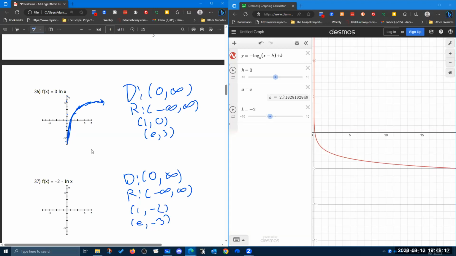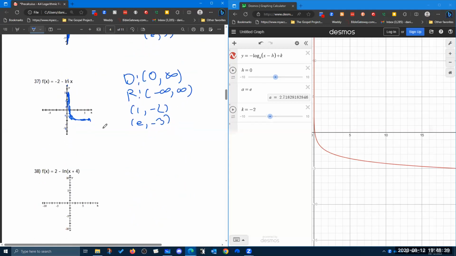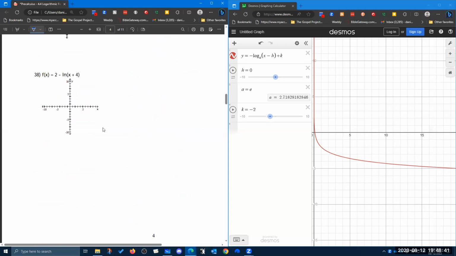And 1, -2, e, -3, vertical asymptote here, and it's going to come up here like so, and it quickly levels off. Doesn't go quite to level, but it's going to just decrease very slowly, right?